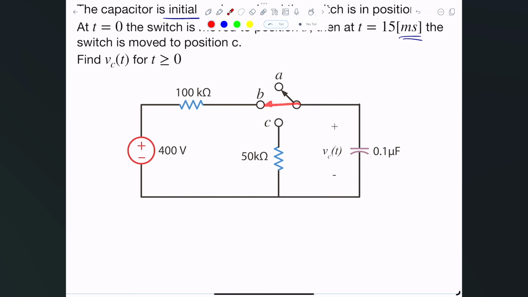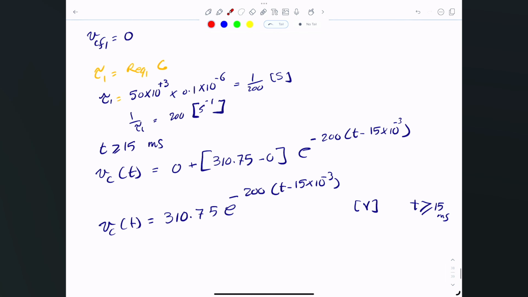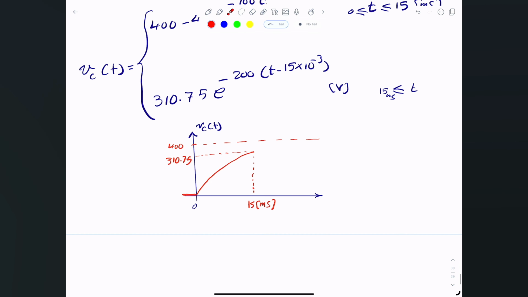We never do, because we don't wait long enough, since at 15 milliseconds we switch to C. Before reaching the 400, we reach 310, and then we try to get to 0. That's basically what you see in here, because for the final value, if you substitute t equals infinity, you'll see the whole thing goes to 0. That's how this looks, and this here is time.